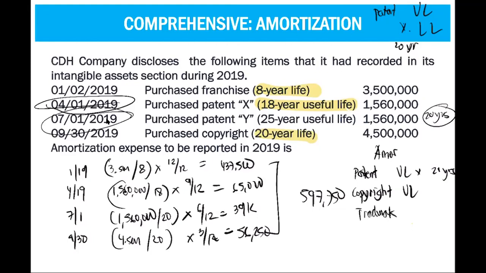Trademark, take note, you have a legal life of 10 years. However, it is renewable. So if the useful life is given, use the useful life again. And for a franchise, if it is indefinite, you will test it only for impairment. So no amortization if it is indefinite.